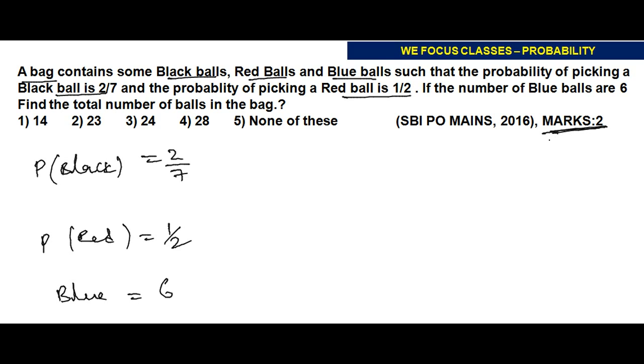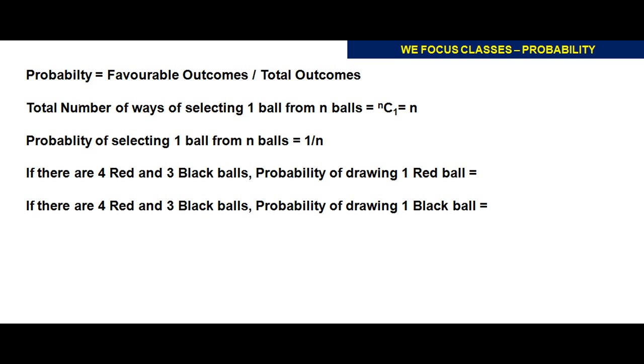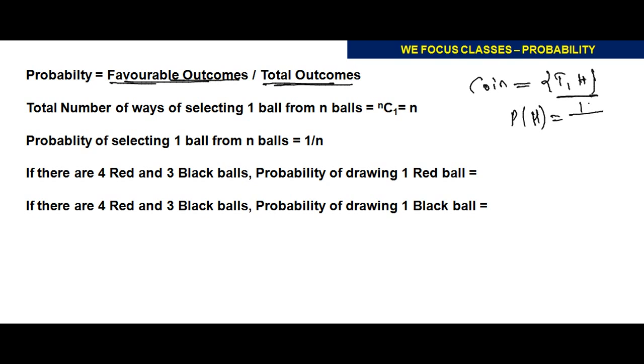In order to do this problem, we need to have a concept in mind. So what is the concept of probability? Probability always deals with favorable outcomes by total outcomes. If you toss a coin, you'll be getting 2 outcomes, one is tail and one is head. If you are asked to find the probability of one head, you'll be getting only one head out of the total number of 2 cases.